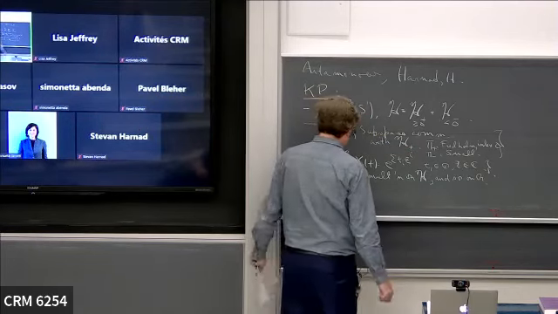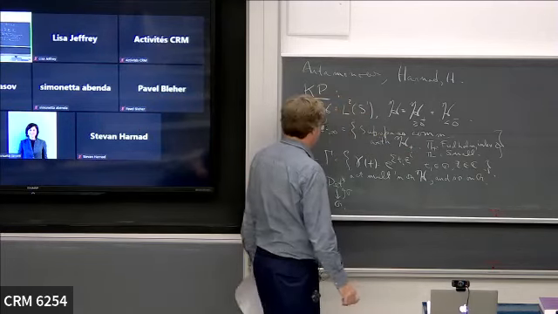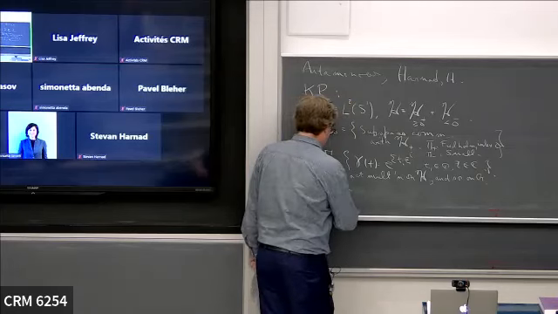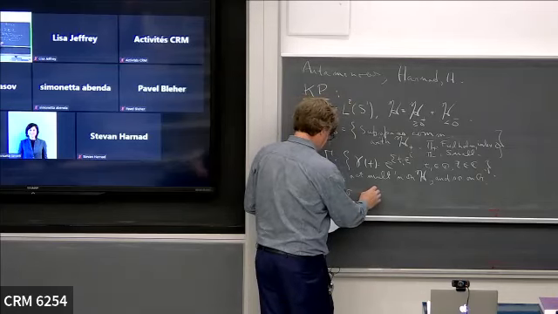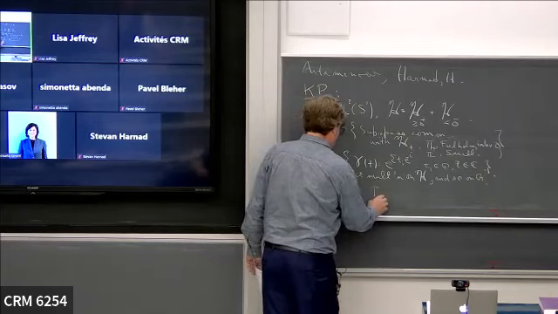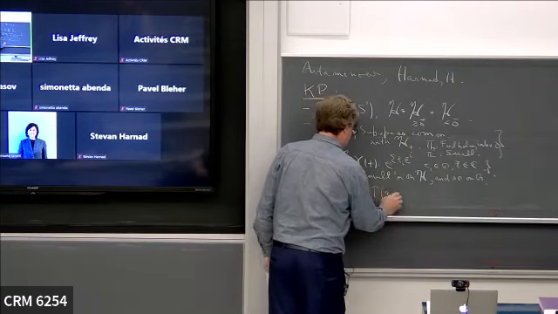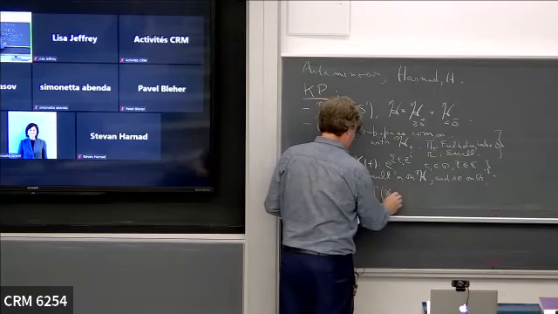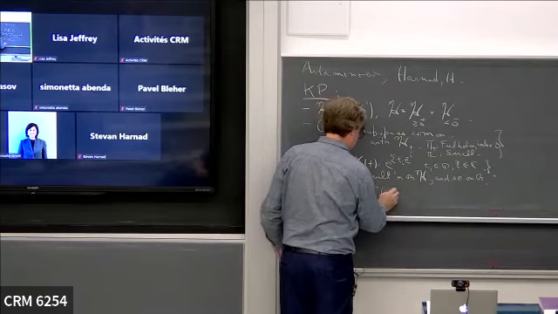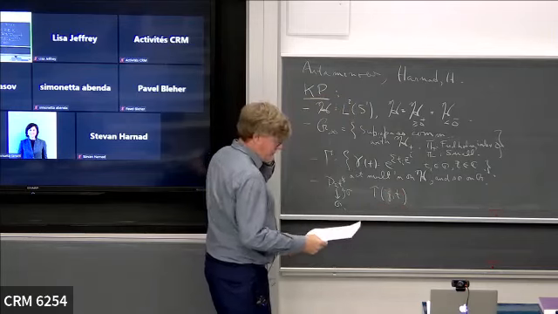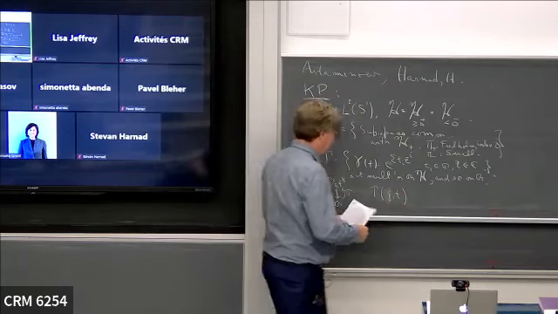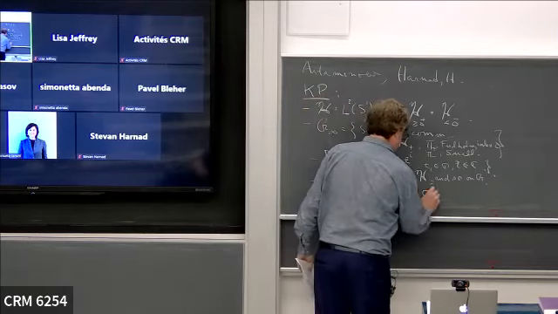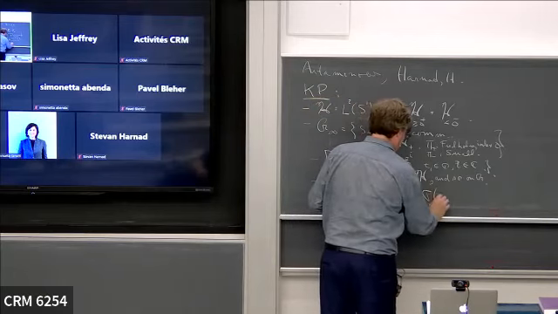This is known as the big cell. You can build the tau function. Tau of g, t basically takes this section and normalizes it in a way that I don't want to go into.